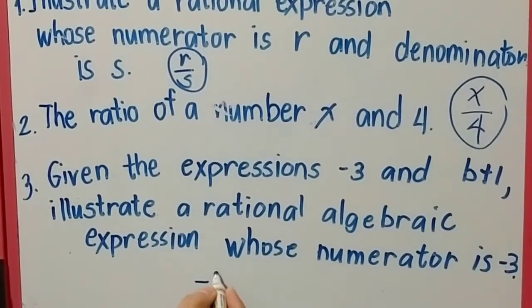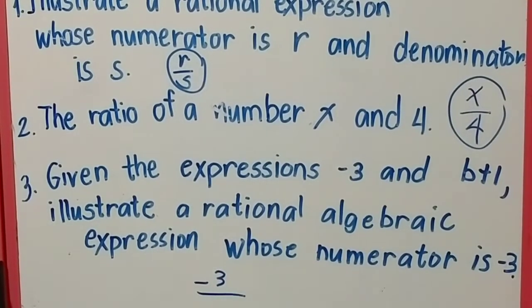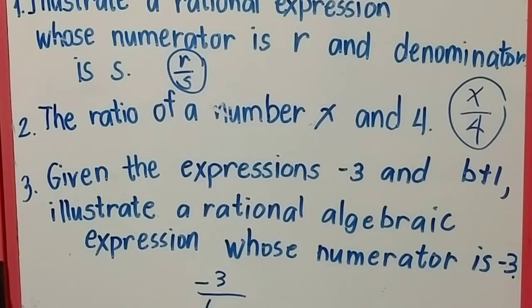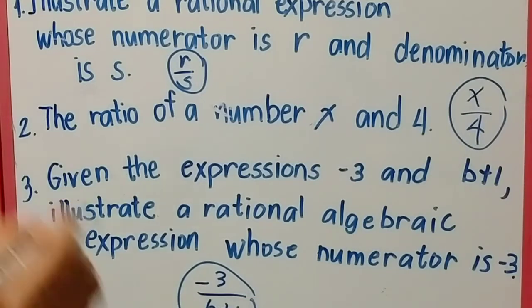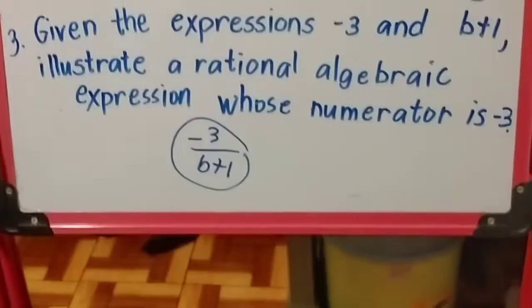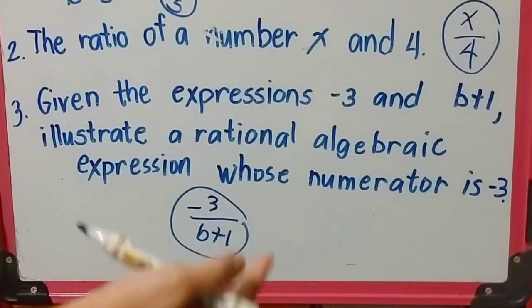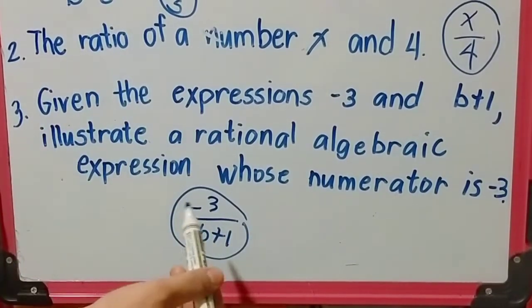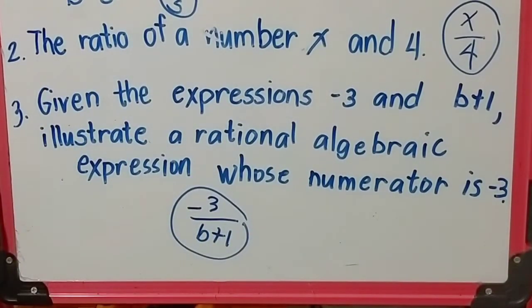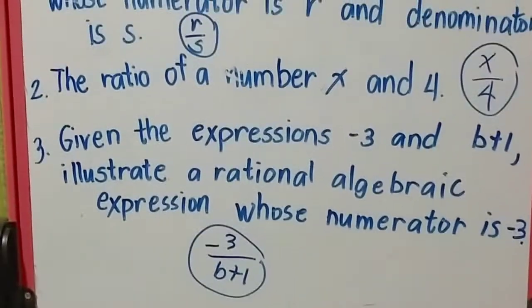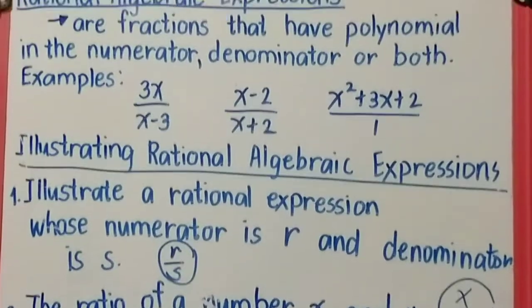So we have negative 3 over the other expression, which is b plus 1. So, a rational algebraic expression whose numerator is negative 3, based on the given, is negative 3 over b plus 1. That's how we illustrate a rational algebraic expression. Very easy, right?